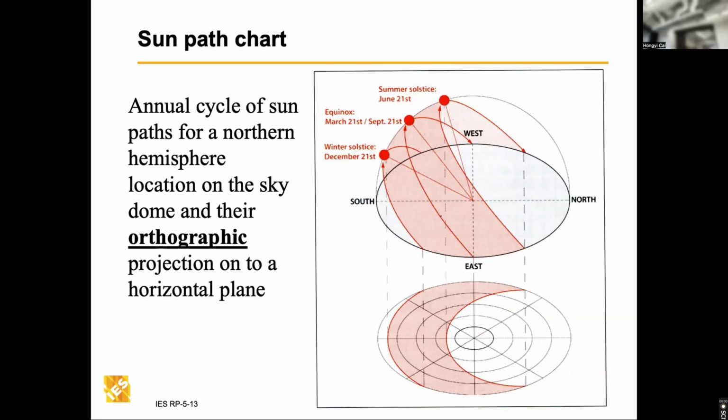And in summer it's higher, it will follow this sun path. So for the whole year, your sun just moves in the shadowed area in the sky. Make sense? If you project the movement of the sun in the sky to an actual path on the paper, you have this shadowed area.